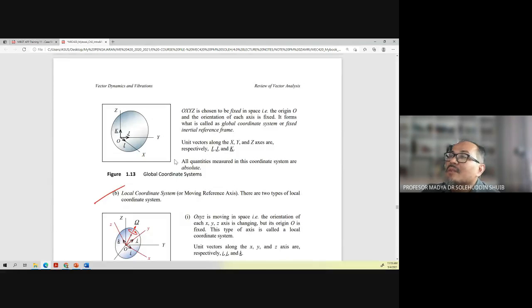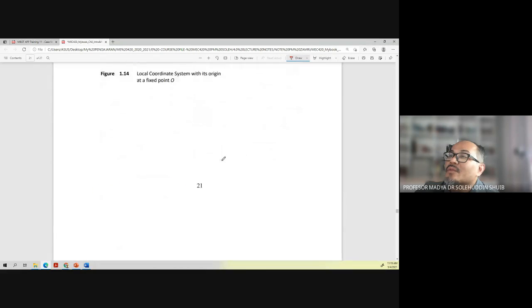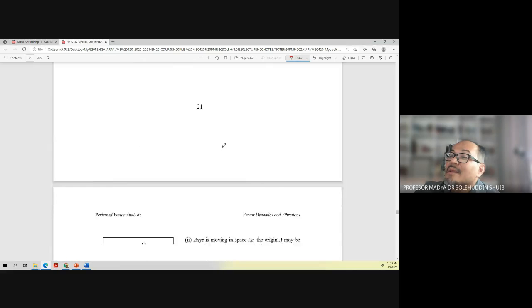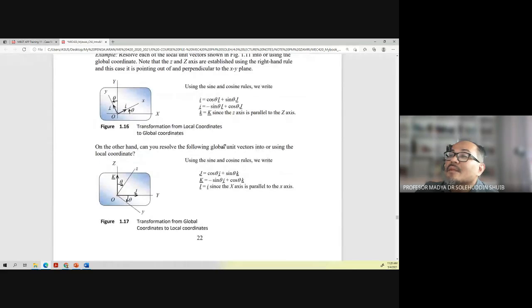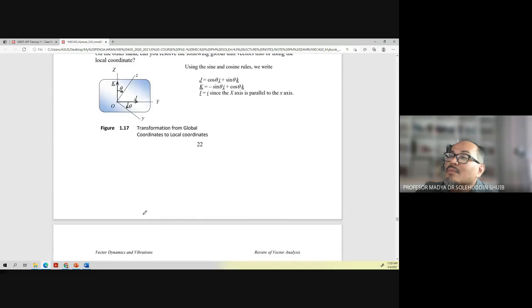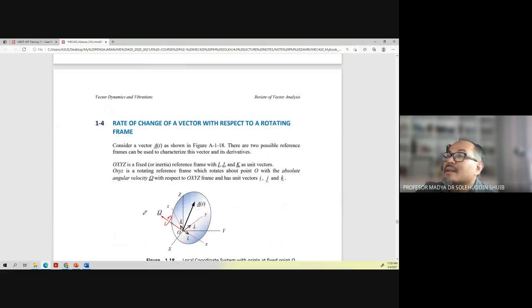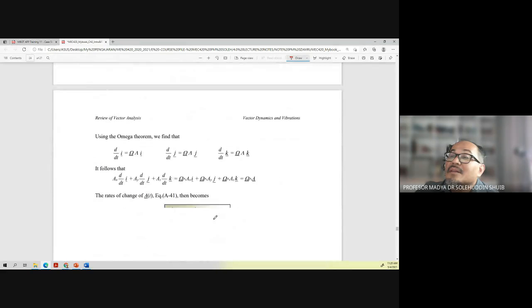This is also very important when we cover the topic of rigid body later, and we will go through it in depth: how to transform from local coordinates to global coordinates, and from global coordinates to local coordinates. Section 1.4 is also a topic in rigid body.